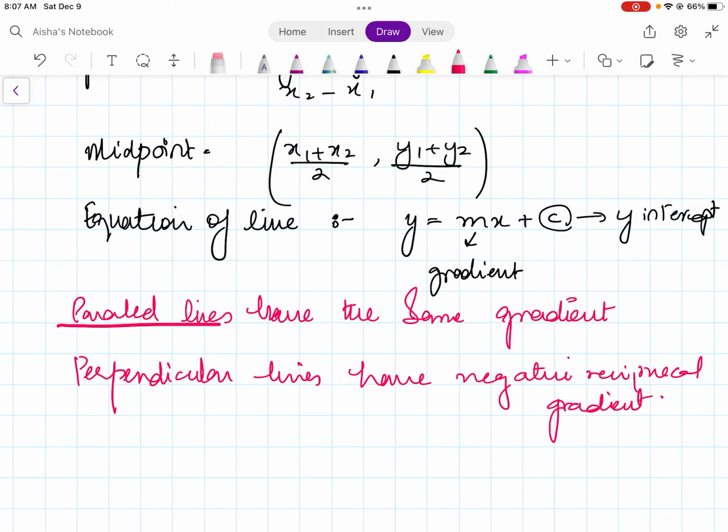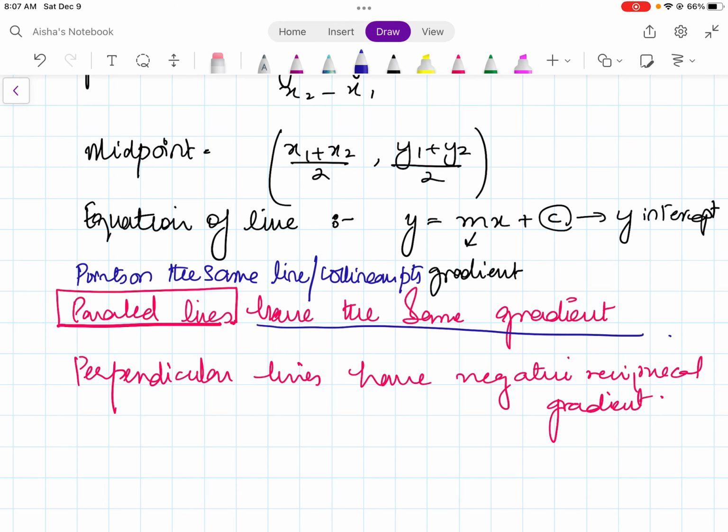Parallel lines also means points on the same line. Points on the same line, or collinear points, have the same gradient.